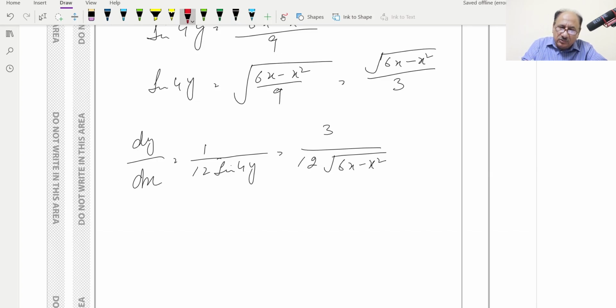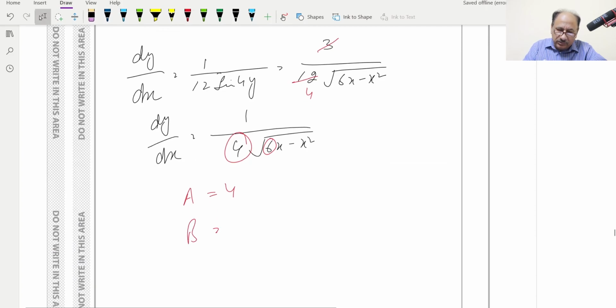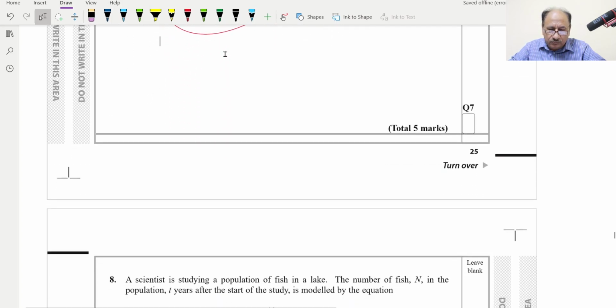The 3 and 12 will cancel, so it will be 4 here, and we get dy over dx is equal to 1 over 4 under root of 6x minus x squared. This value will be our a value, so a is equal to 4, and this value will be b, so b is equal to 6. These are the a and b values which we were supposed to find.